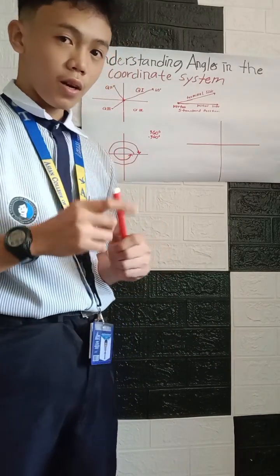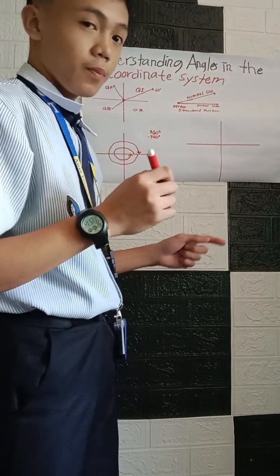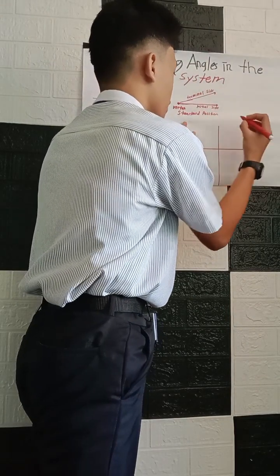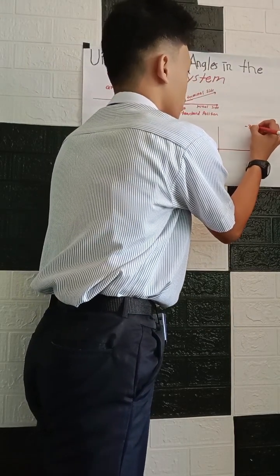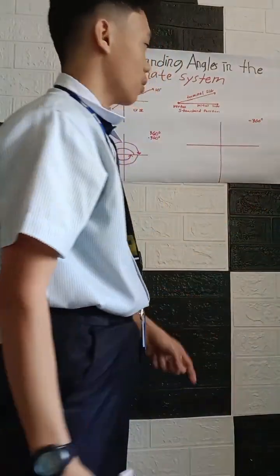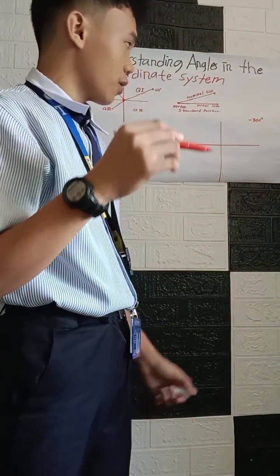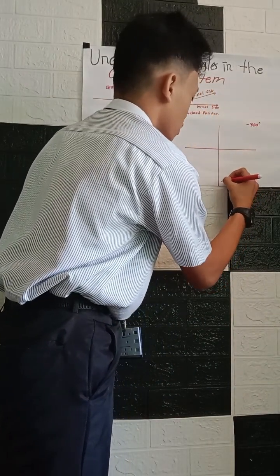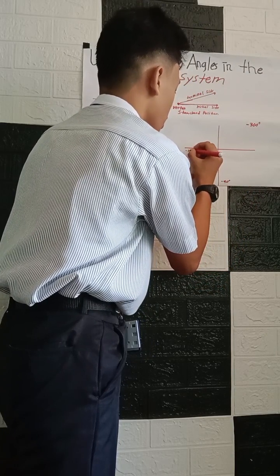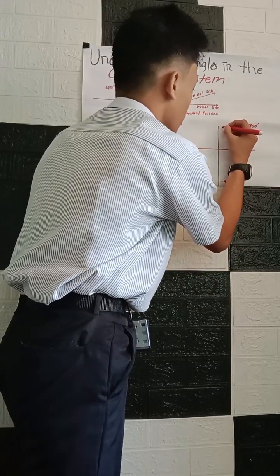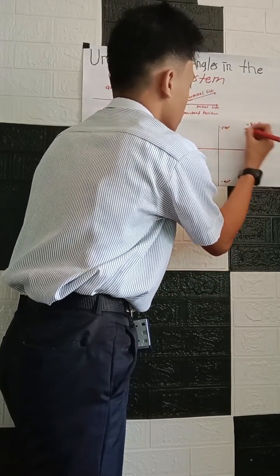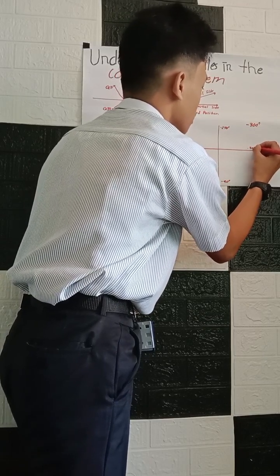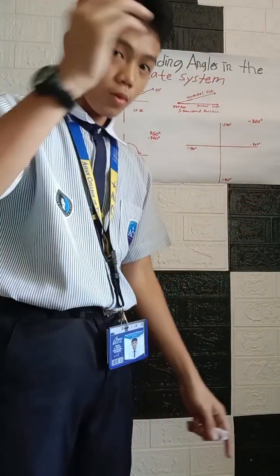So let's try to graph negative 300 degrees. Negative 300 degrees is a clockwise rotation. So negative 90 degrees, negative 180 degrees, negative 270 degrees, and negative 360 degrees. One rotation is equal to 360 degrees.